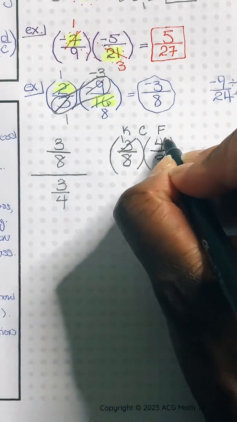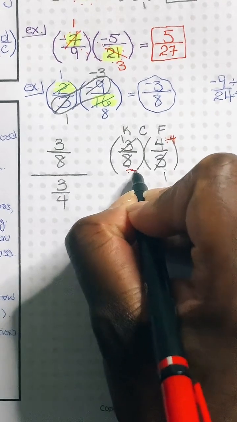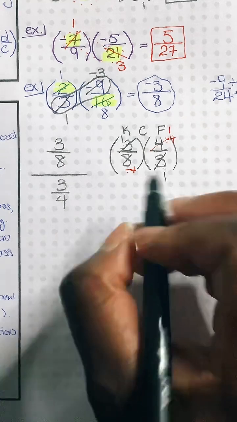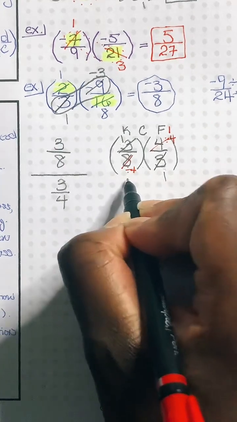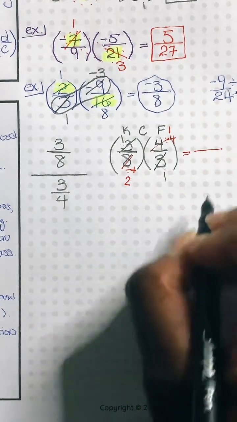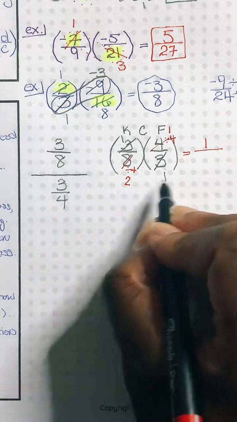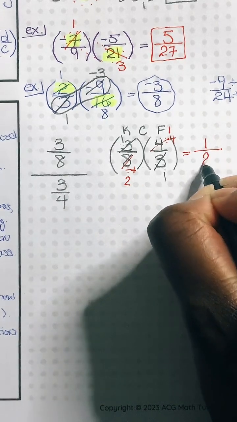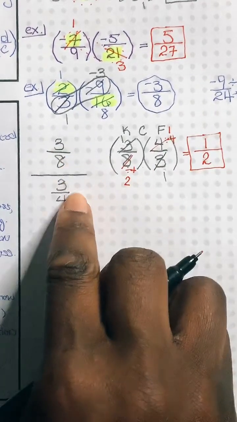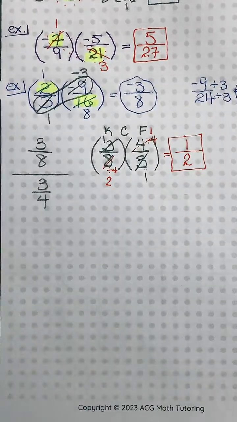So we're going to divide it by 4. Okay? 4 divided by 4 gives me a 1. 8 divided by 4 gives me a 2. So now multiply straight across. 1 times 1 gives me 1. 2 times 1 gives me 2. So when I divide 3/8 divided by 3/4, my answer is going to be 1/2.